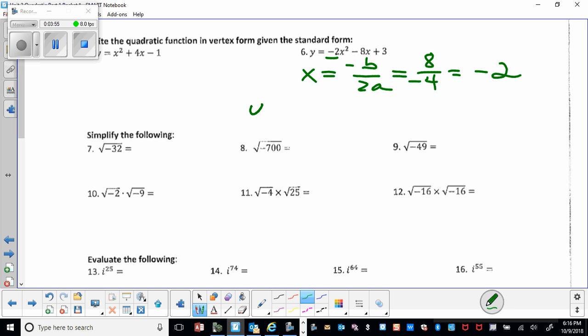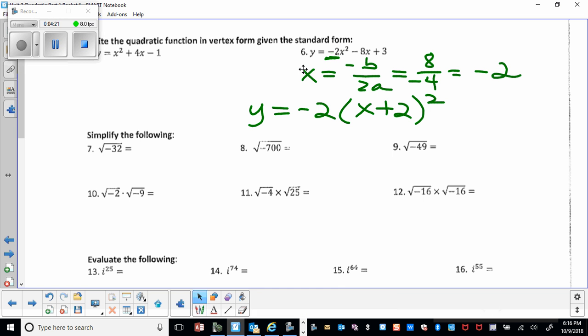So I get y equals, now a goes in front, so that's -2, parentheses, and it would be x of my vertex is -2, so remember it's always the opposite, right? Insiders lie. So, oops, I gotta make that +2. And then the question is, well, what's my y value gonna be? When x is -2, what's the y value?